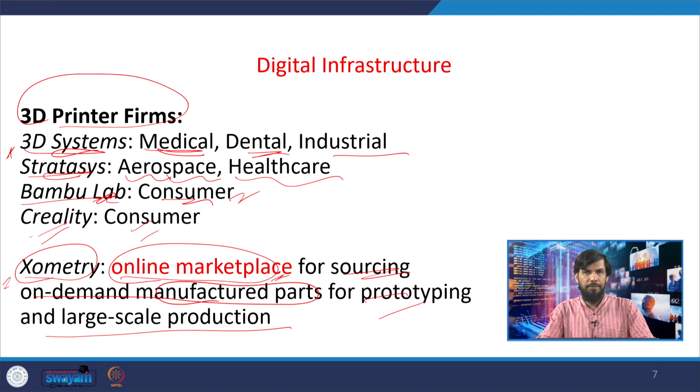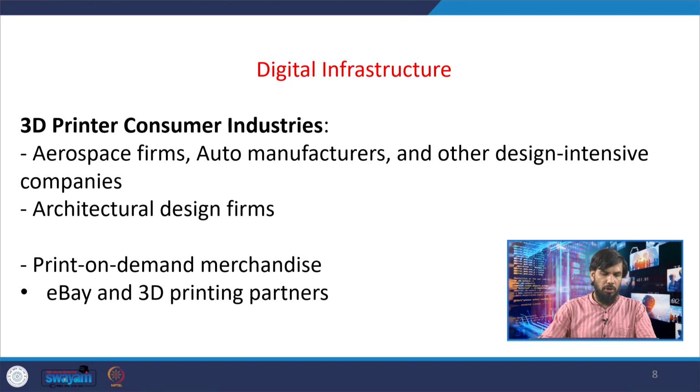So let's move on. What are the 3D printing consumer industries? Already quite clear from the previous slide, but still aerospace firms benefit, because there are lots of objects which might not be regularly used, but sometimes there is a very particular specification for those objects and they might be needed. So it might be better to get that 3D printed.